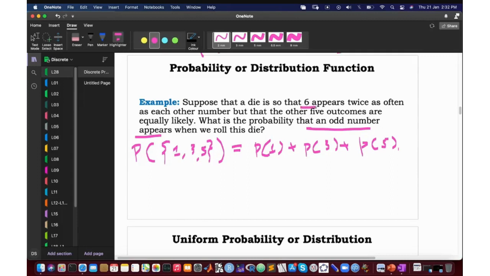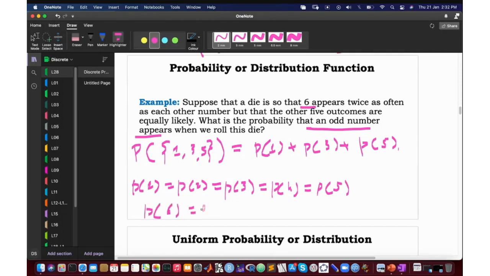So 6 appears twice as often as each of these events, okay? So the probability of 1 is equal to probability of 2 is equal to probability of 3 is equal to probability of 4 is equal to probability of 5, and probability of 6 is basically equal to 2 times the probability of 1, okay?